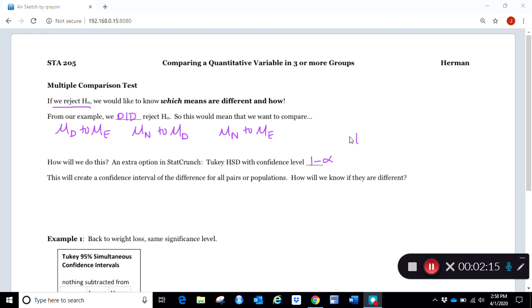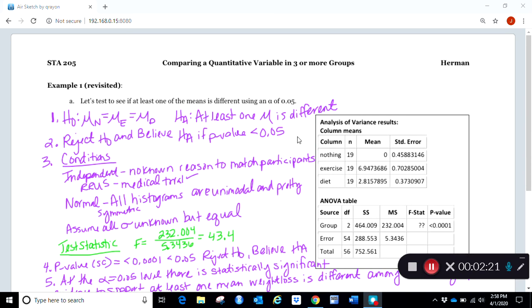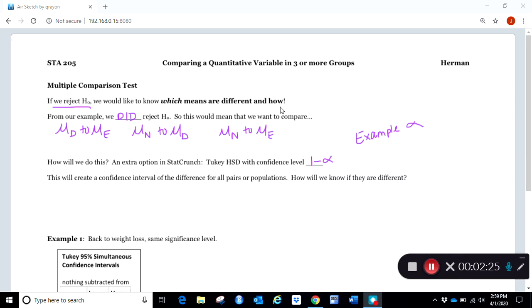So for example, in our previous example, we had a significance level of 0.05. So with this alpha of 0.05, that would correspond then to having a 95% confidence interval.